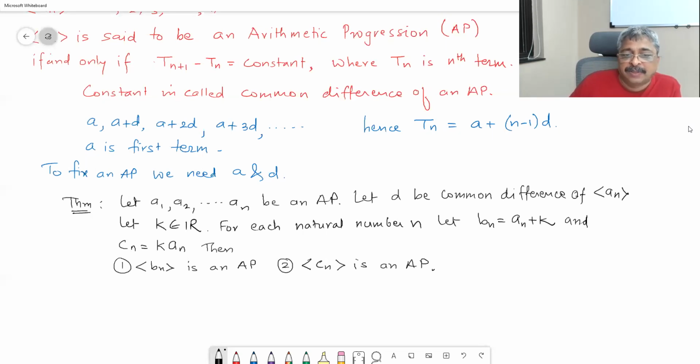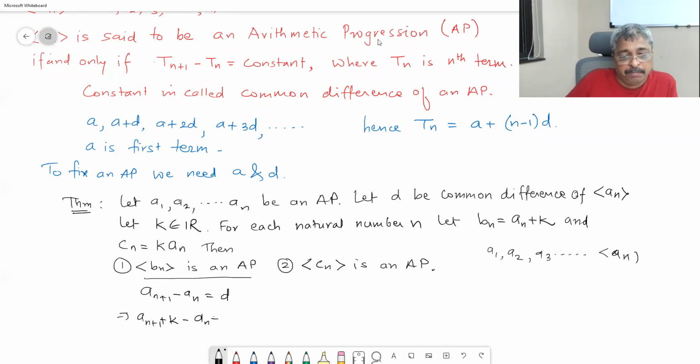As far as the first part is concerned, it is given that A1, A2, A3 is an AP. That means An+1 minus An is equal to the given common difference D. Let us add k to both these terms. This implies (An+1 plus k) minus (An plus k).